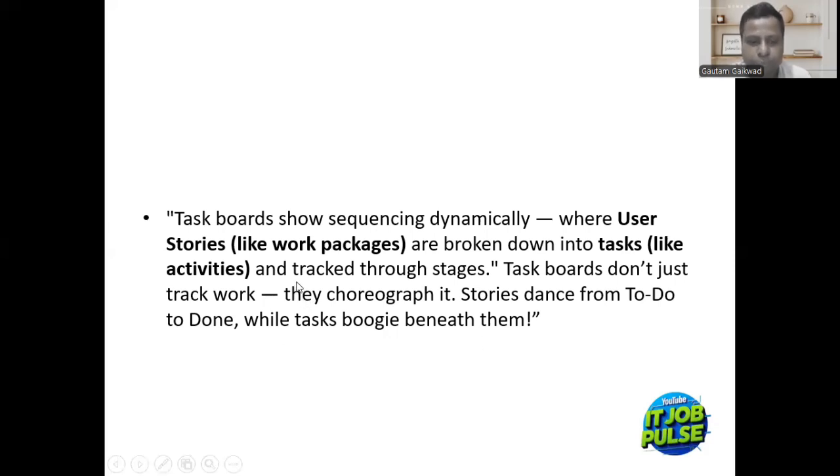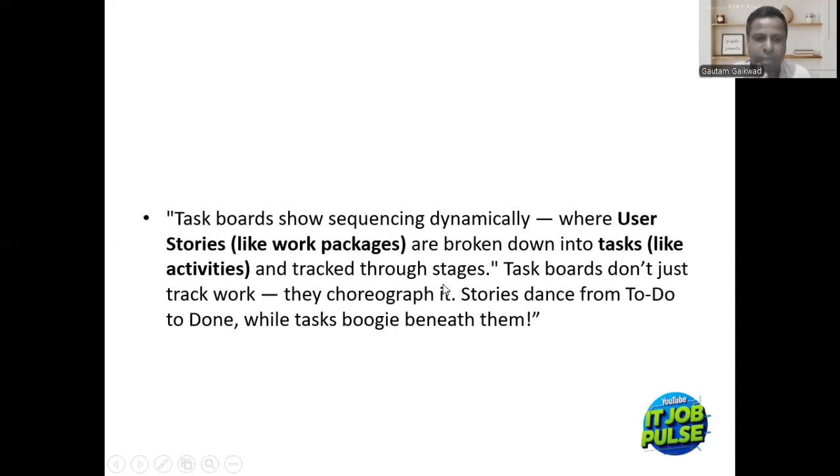So these are tracked through stages. Okay. Task boards don't just track work, they choreograph it. So task boards are nothing but here we are talking about breaking down the functions into subtasks, okay, features and all that. So stories dance from to do to done while tasks boogie beneath them.